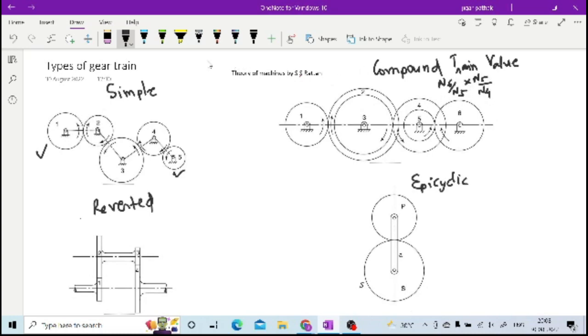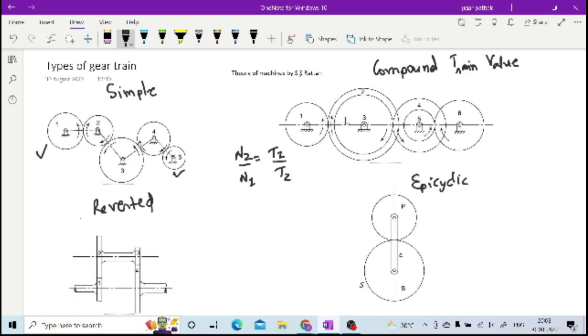Actually here you have a greater number of gears mounted on one shaft, so we need to consider that. So let us see what is happening. 1 is transmitting to 2, so N2 by N1 is equal to T1 by T2.